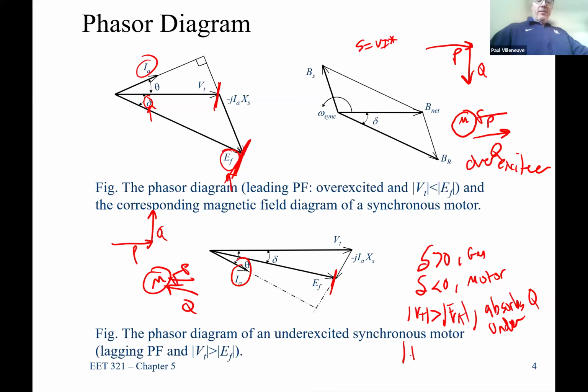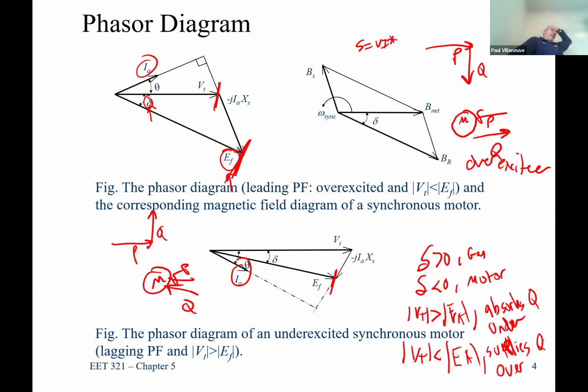If the magnitude of VT is less than the magnitude of EA, it supplies, or is overexcited.